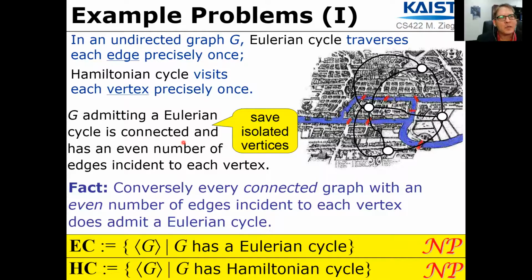Namely, based on this mathematical insight, we can now test a superficially entirely different property than Eulerian cycle. We test whether the graph is connected, which can easily be done using, for example, Dijkstra's method.